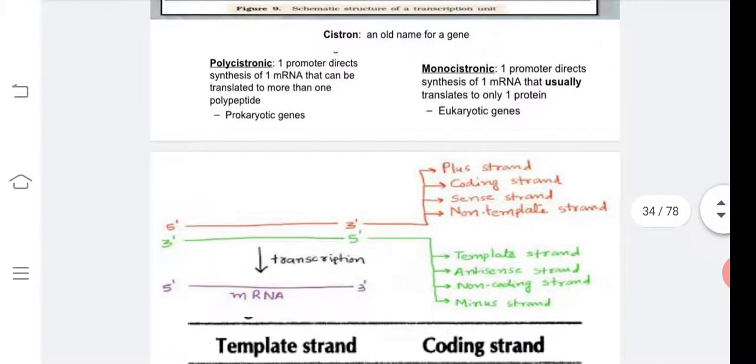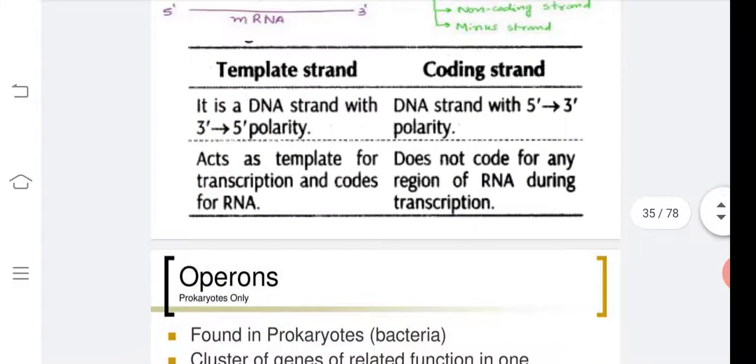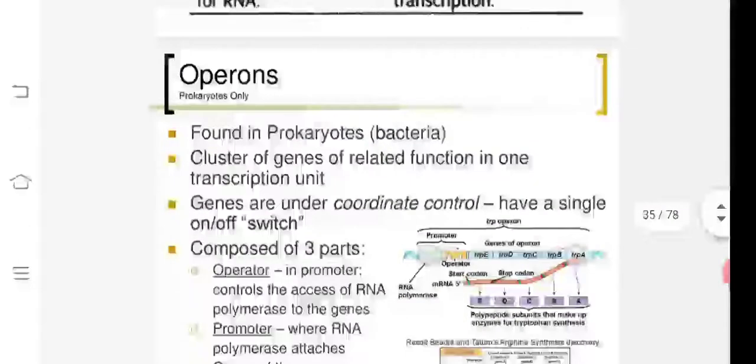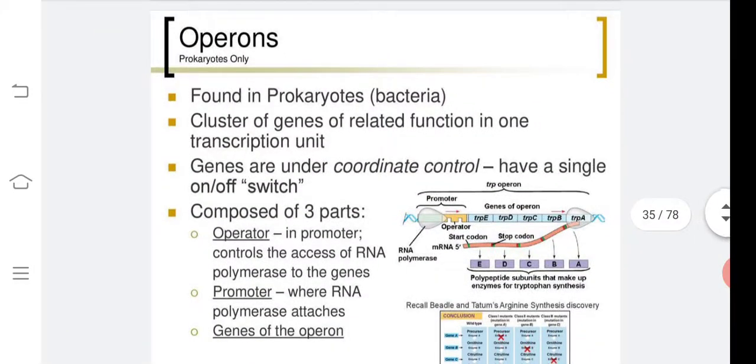Here, the template strand is a DNA strand with 3' to 5' polarity. It acts as the template for transcription and codes for RNA. The coding strand, DNA with 5' to 3' polarity, does not code for any region of RNA during transcription. Next important topic, it is another topic.